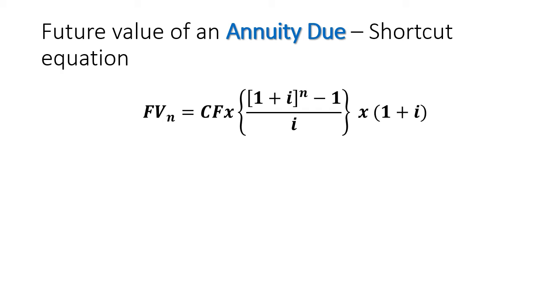This is the future value interest factor for annuity. For ordinary annuity, we add the term 1 plus the interest rate to reflect the interest for an extra 1 year in the case of annuity due over the ordinary annuity.